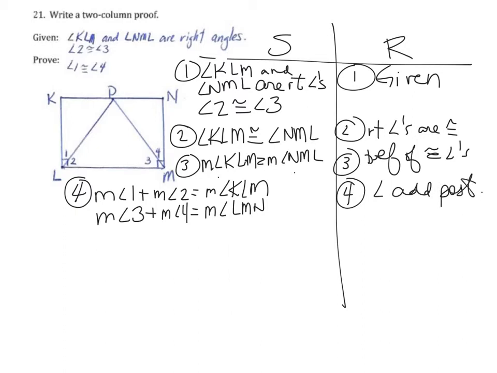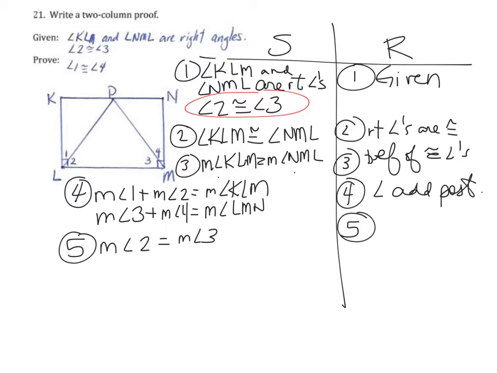Now, this is the wonderful part. Look at our given. Angle 2 and angle 3 are congruent. If I say that they're equal, the measure of angle 2 is equal to the measure of angle 3, once again, congruent angles are equal, or definition of congruent angles.